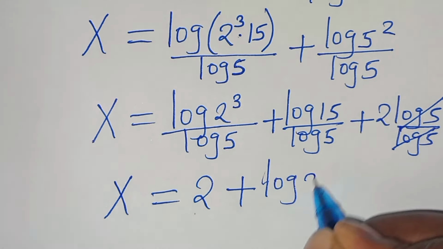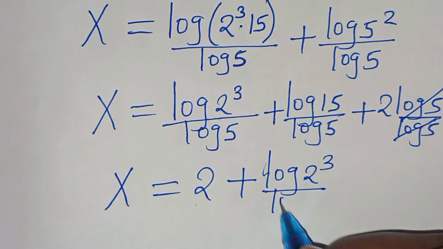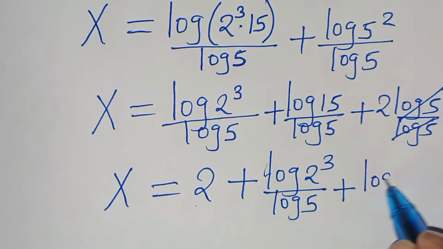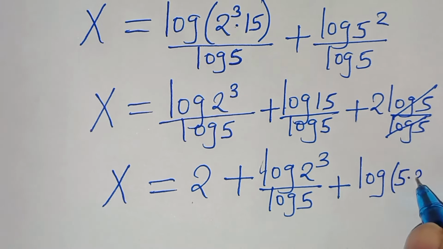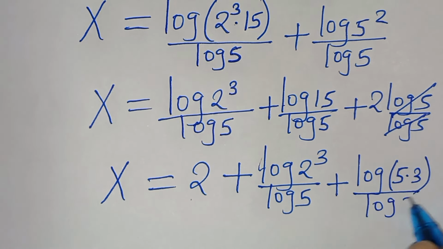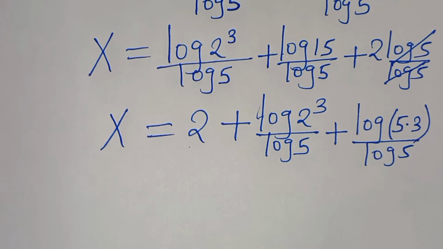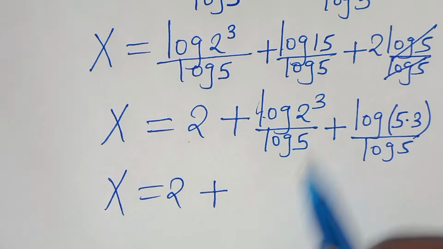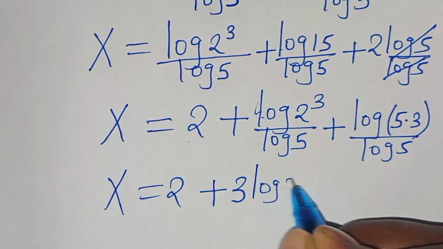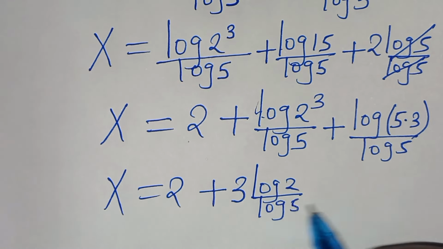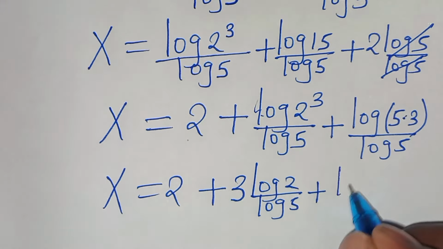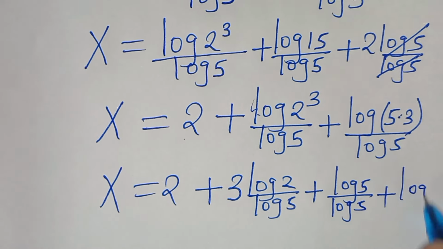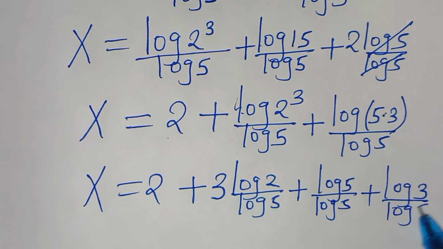So now we have x is equal to 2 plus log 2 to the power of 3 divided by log 5, then plus, we can express log 15 as log 5 multiplied by 3 divided by log 5. So we have that x is equal to 2 plus log 2 to the power of 3, which is the same thing as 3 log 2 divided by log 5, then plus log 5 divided by log 5, then plus log 3 divided by log 5.